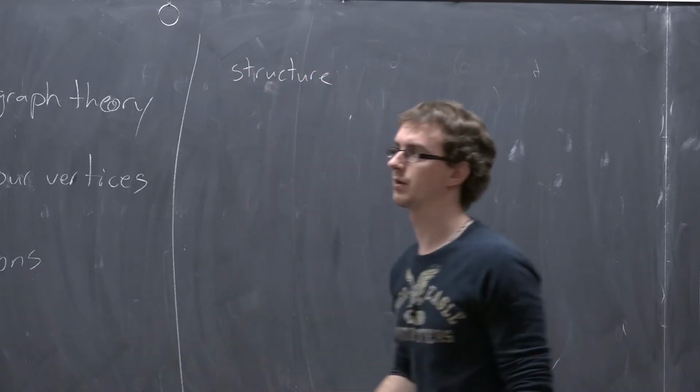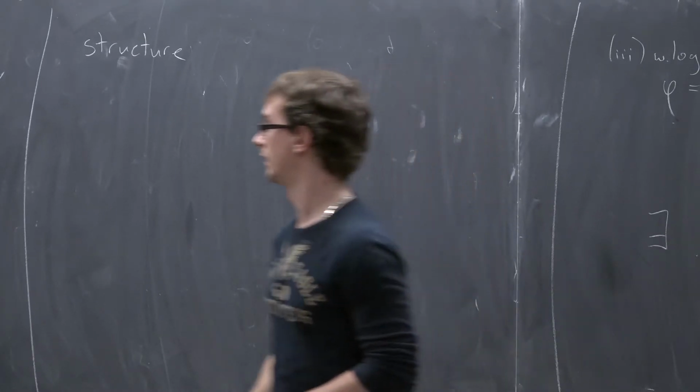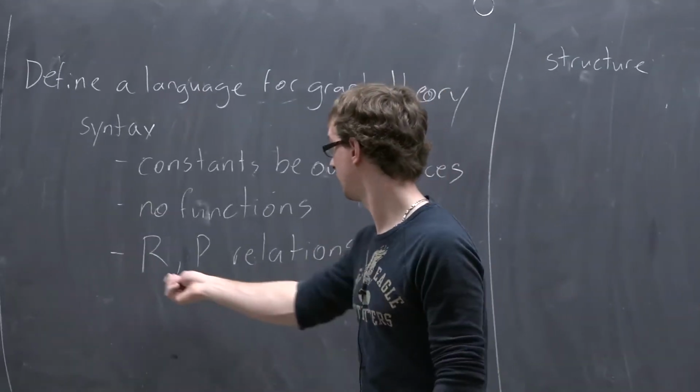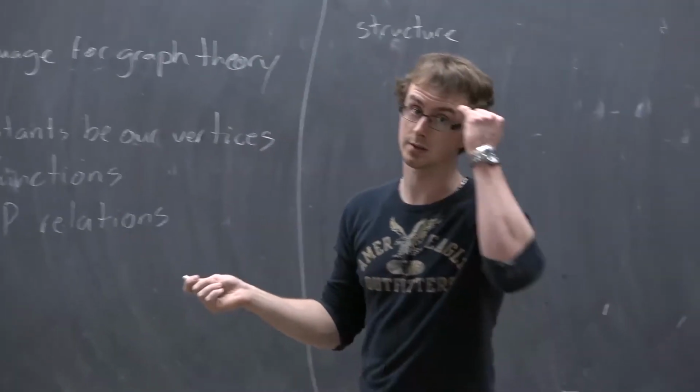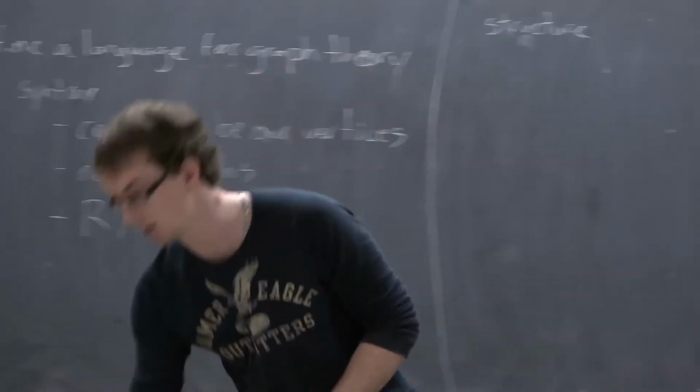And then our structure. In order to introduce our structure, we have to say what our universe is, what our vertices are going to be, and what our relations are going to do. So in effect, we have to actually provide a graph to come up with the relation.